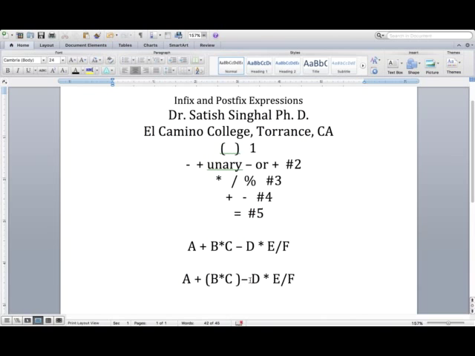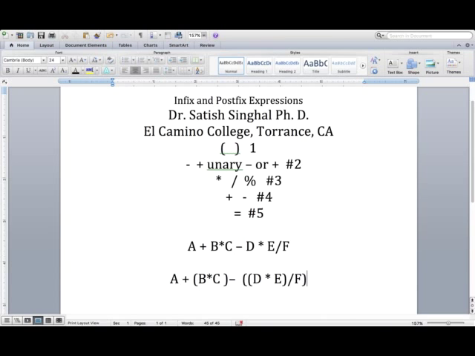Then I see minus, but I cannot do that because I see an operator of higher precedence than minus, which is multiply. And then I see divide, but multiply and divide have the same precedence, but I see this one first, so I'll parenthesize this one first, and then I'm seeing divide by F, so I'm going to parenthesize this one like this.